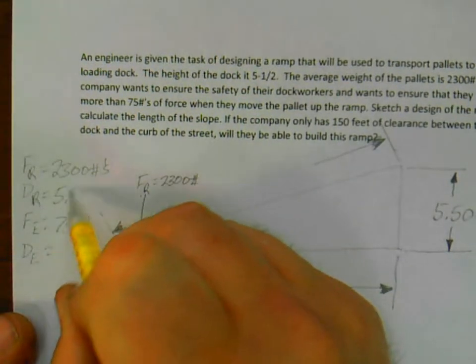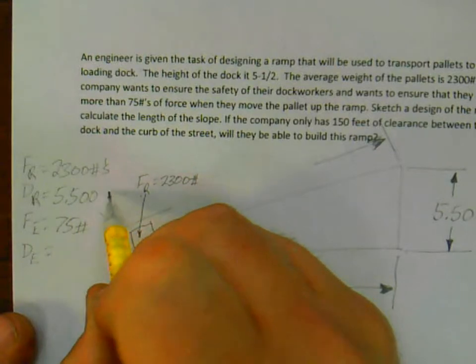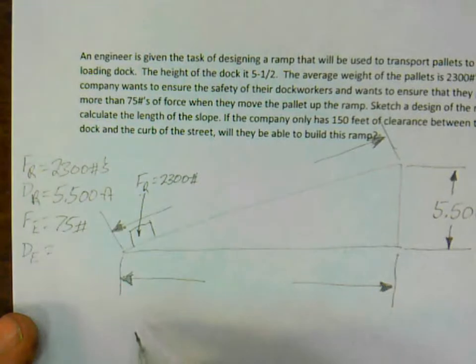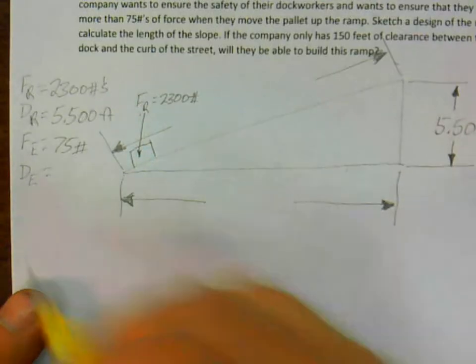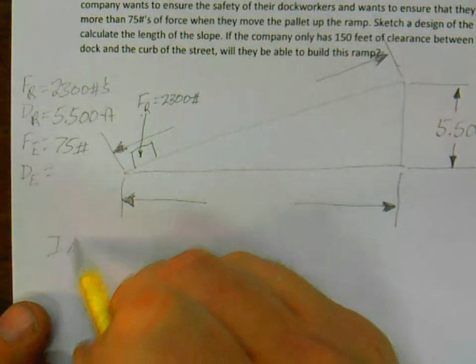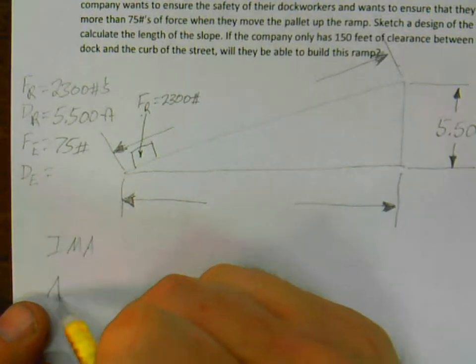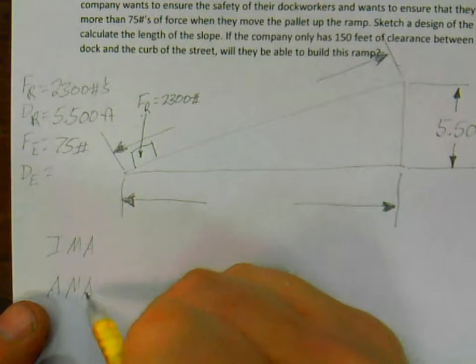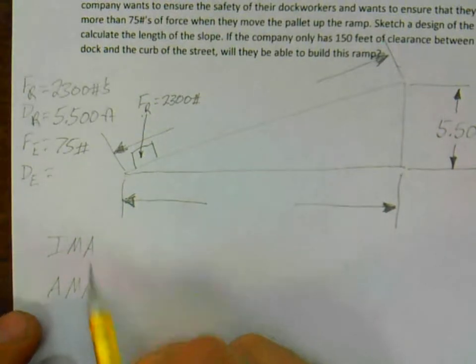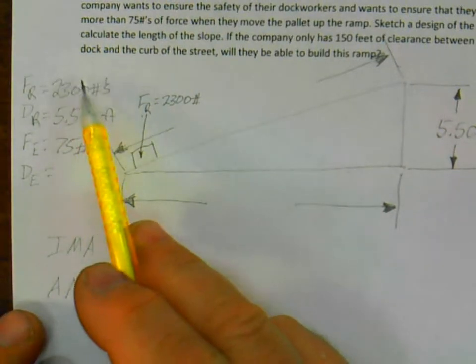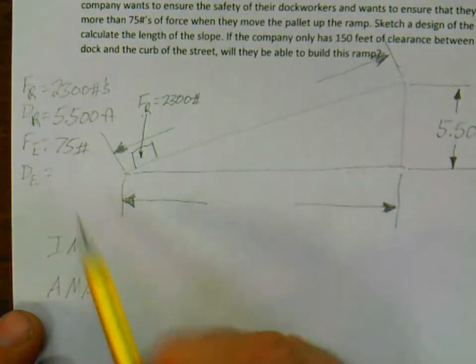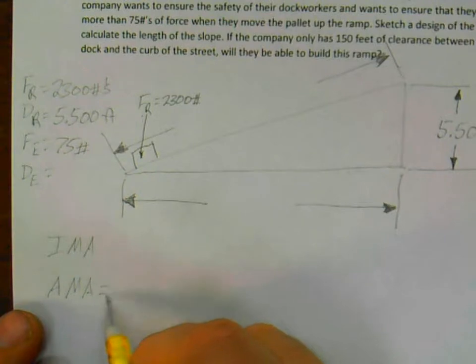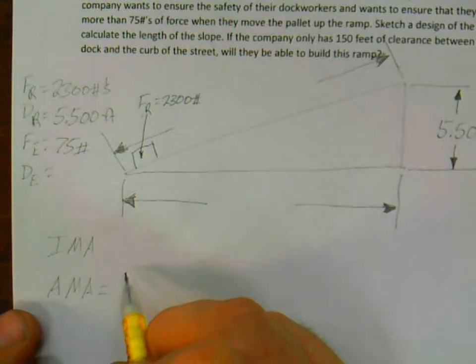Immediately we need to determine our IMA and our AMA on this particular problem. And if you remember, we get to choose one of these. Well, we have both our resistance force and our effort force. So that gives us the actual mechanical advantage that we're going to achieve here: 2,300 pounds divided by 75 pounds.